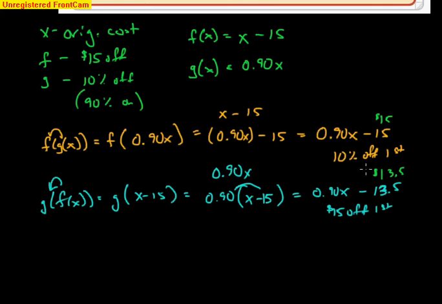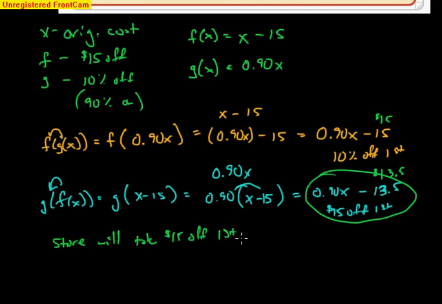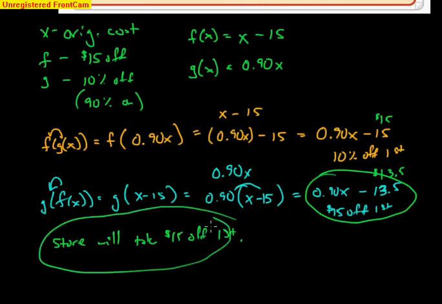In the bottom, you're getting $13.50 off. So the store wants you to pay more. So they want you to pay the one that you get less off. This is the one you get less off of. So the store will want you to do the $15 off first. And again, it's just because they want you to pay more, and you pay $1.50 more.